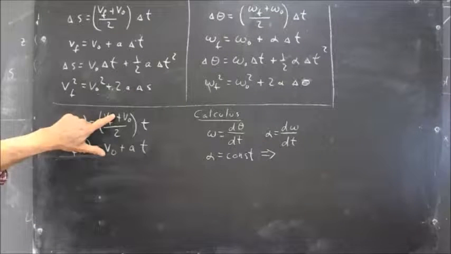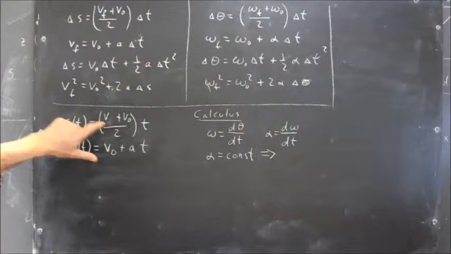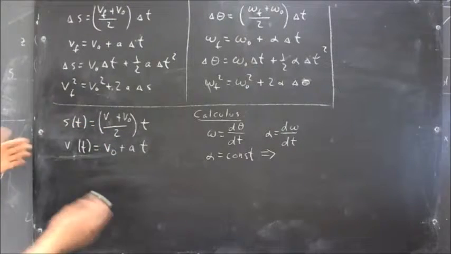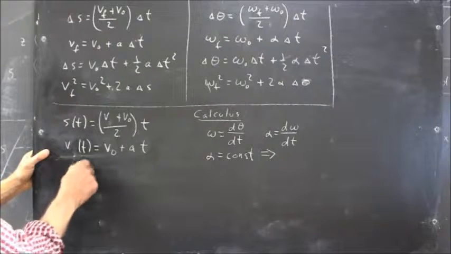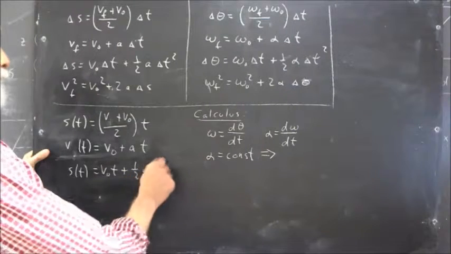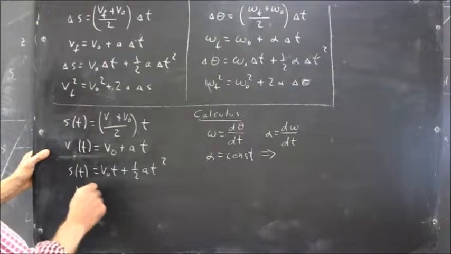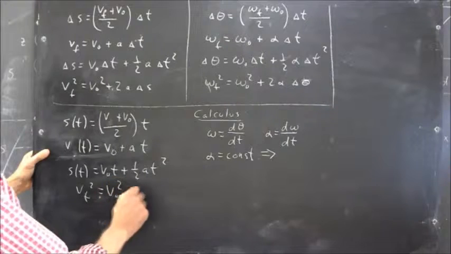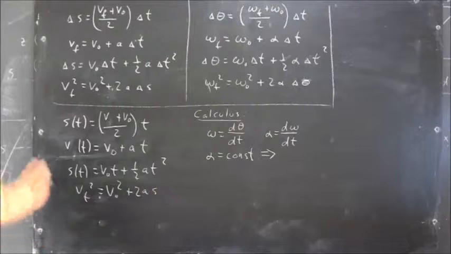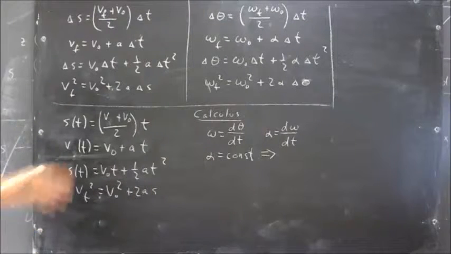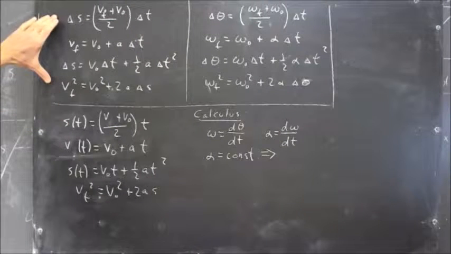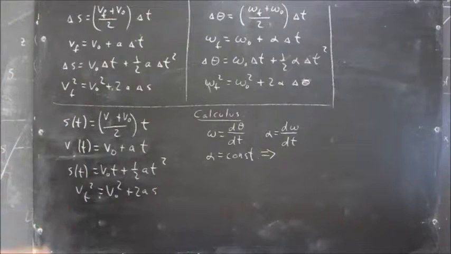And since we're not talking about an interval, we won't talk about a VF here, okay? Or S of t equals V naught t plus 1/2 AT squared, VF squared equals V naught squared plus 2AS. Okay, and all these come from the calculus definition as well. And this is the interval concept. This is the functional concept.